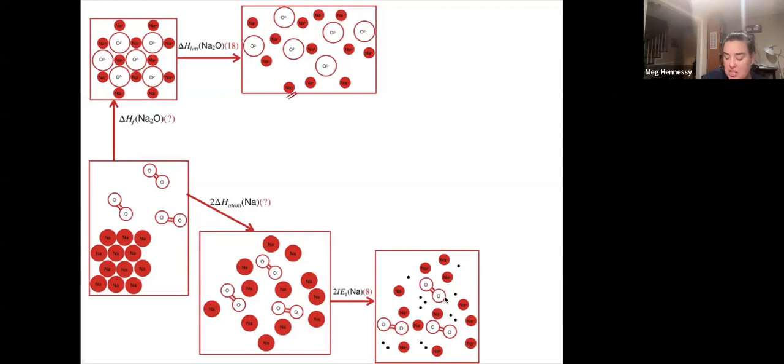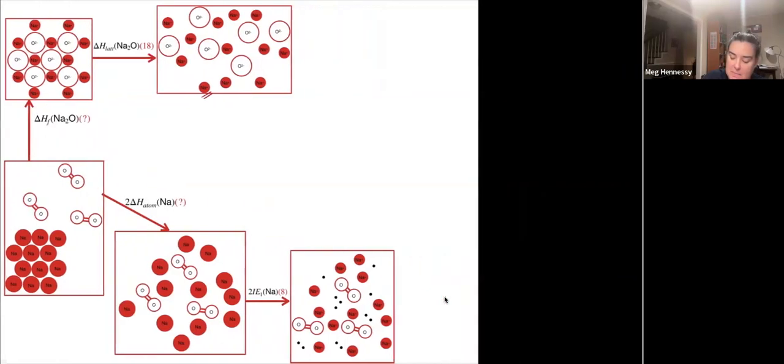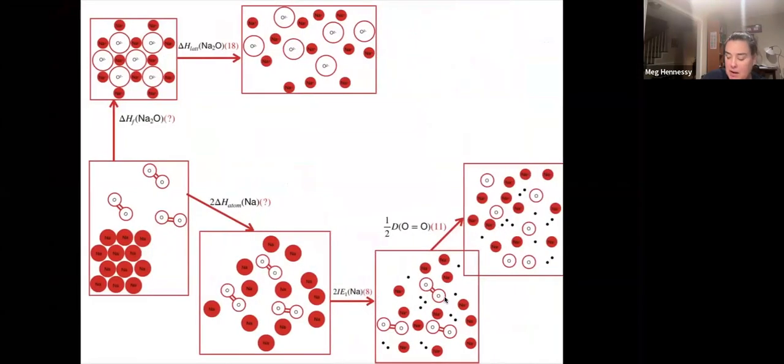So right now the oxygen is a diatomic molecule. So we're going to have to break apart that diatomic molecule to make oxygen atoms. And when we break apart that oxygen molecule to make oxygen atoms, we're going to go back to the bond dissociation enthalpies. Bond dissociation enthalpies, that is section 11, break 1 mole of the bond.